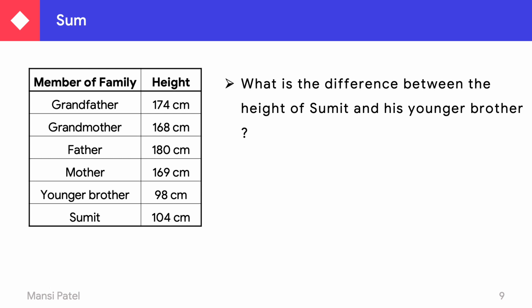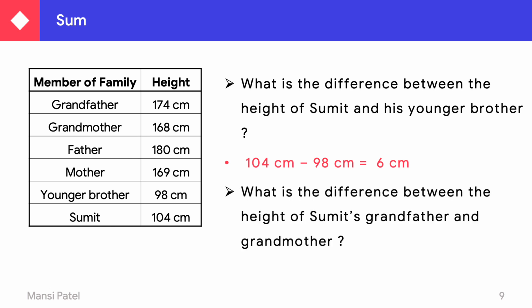So here you have to see the height of Sumit and the height of his younger brother only. Whose height is biggest? Sumit's height. So we have to write down first 104 minus 98, his brother's height. So we can say 104 centimeter minus 98 centimeter is equal to 6 centimeter.